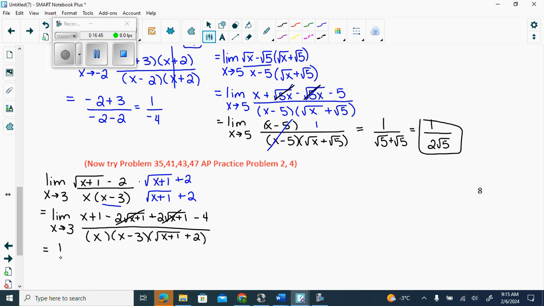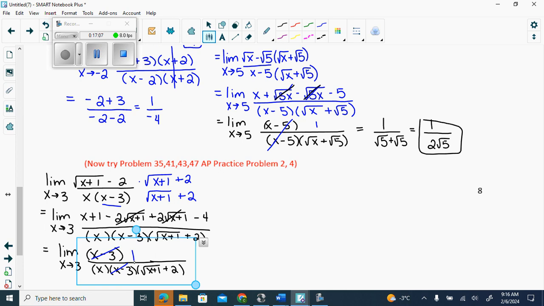And then on the top, I get the limit as x approaches 3 of x minus 3 over x minus 3, square root x plus 1 plus 2. These cancel off now. My problem is gone, and then I can do what?